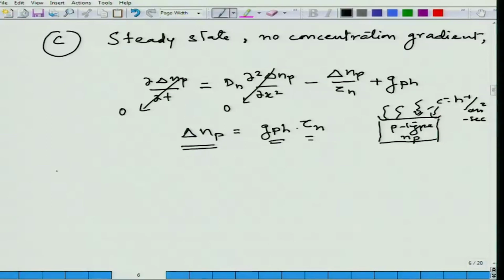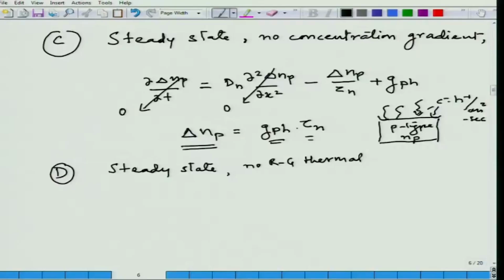Let us look at one more special case for the minority diffusion equation, and this one is when you are looking at a steady state where there is no RG thermal process and also there is no light, which means the first, third and fourth terms are 0.